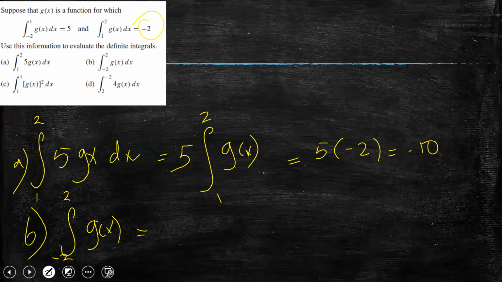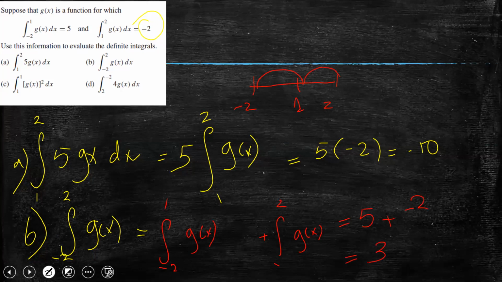You can write it as from -2 to 1 plus from 1 to 2. From -2 to 1, it is 5, and from 1 to 2, it's -2. So the answer here is 3. Is it clear? Yes, teacher.